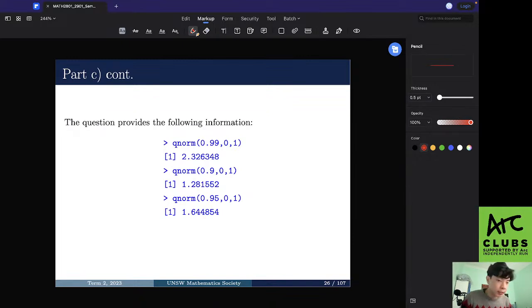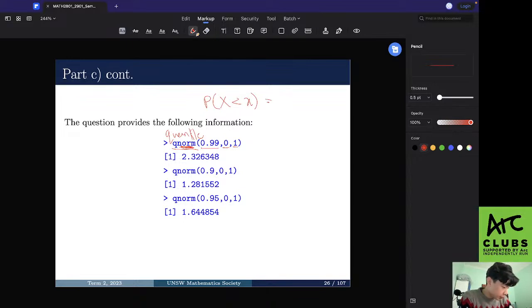So in this case, the question has actually given us an R output. We see that we have a qnorm. Q stands for quantile. So it has a couple parameters for the normal distribution. The first one is that we want a p of x where x is less than some value, let's say smaller x, right?